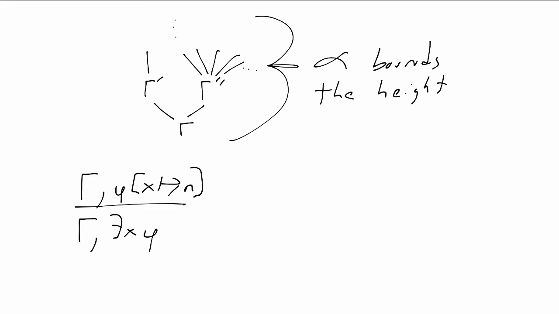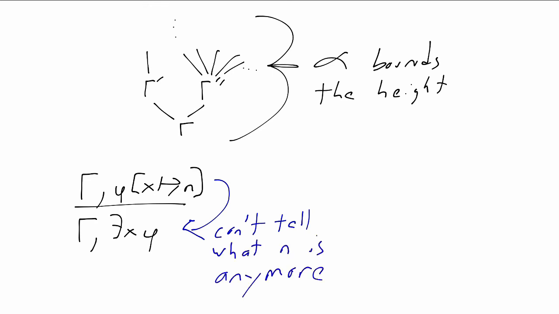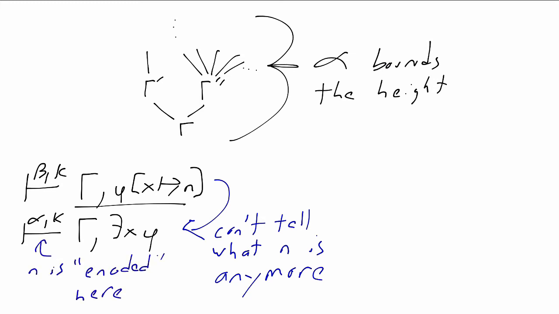Or to put that another way, in a regular deduction, an unbounded deduction, when we have an exists introduction step, the number n, the witness, seems to vanish. But when we have a bound on the deduction, we're keeping some information about n, at least about the size of n, around, because we're remembering what alpha and k are, and knowing alpha and k tells us how big the witness n is allowed to be.